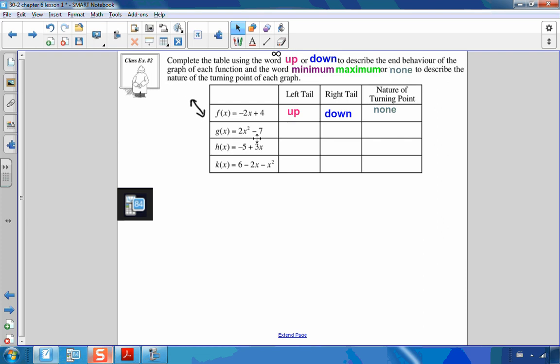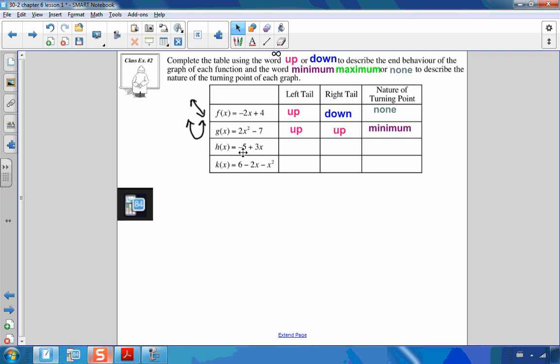Okay, let's look at the next one. 2x squared minus 7. Because the leading coefficient is positive, I know that my parabola opens up. So because it opens up, my left and my right tail are both up. It opens up, which means it has a low point, a minimum point. Okay, this one here is a linear, negative 5 plus 3x. It's just jumbled up.